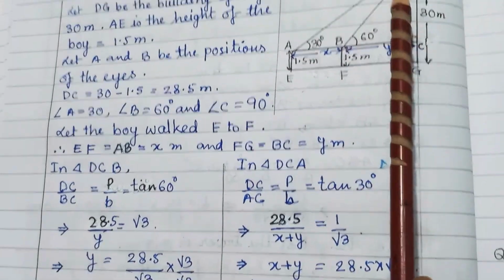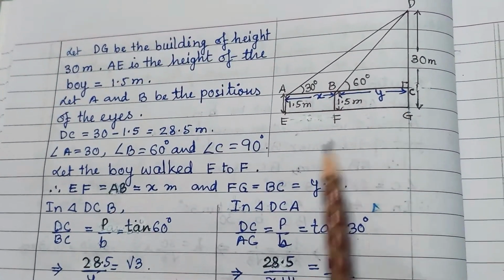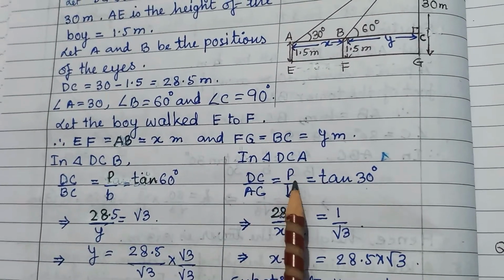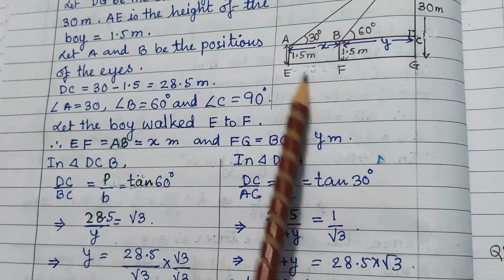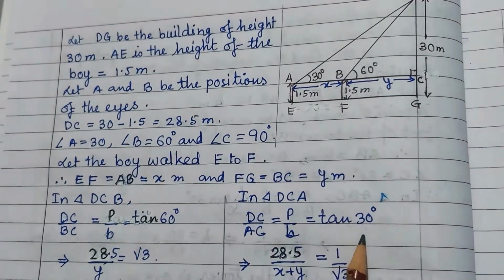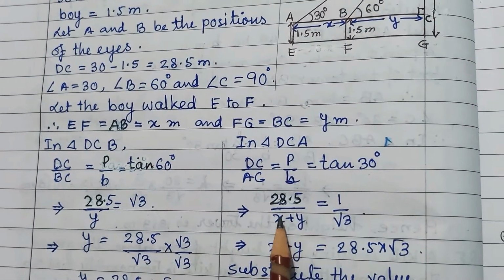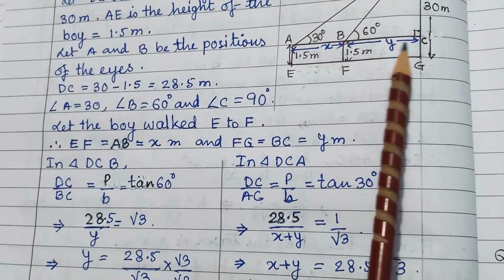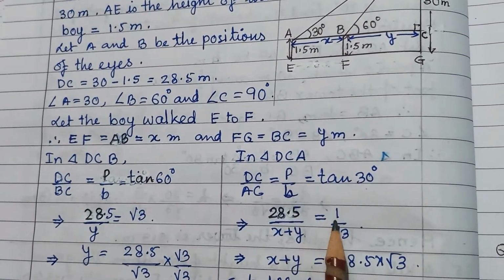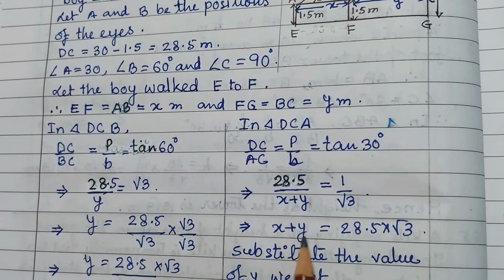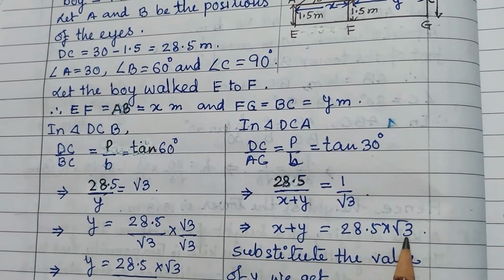Now another right angle triangle, DAC. DC upon AC is perpendicular upon base, which is tan 30 degrees. So it is 28.5 upon x plus y, the total distance, equal to tan 30 degrees, which is 1 upon root 3. So x plus y is equal to 28.5 root 3.